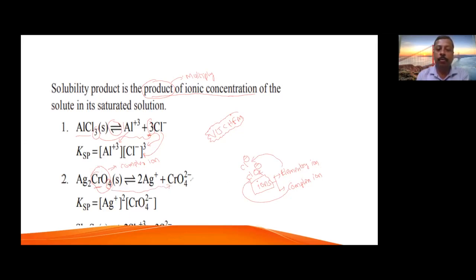CrO4 2 minus stays together, but 2 Ag plus will be separate. So Ksp, the solubility product, is equal to Ag plus, and see, because of this 2 it is on the power, while this one has no coefficient, so there is no power. Whatever the coefficient in the balanced chemical equation, it must be reflected in the Ksp formula as an exponent. I think all of you understood now.